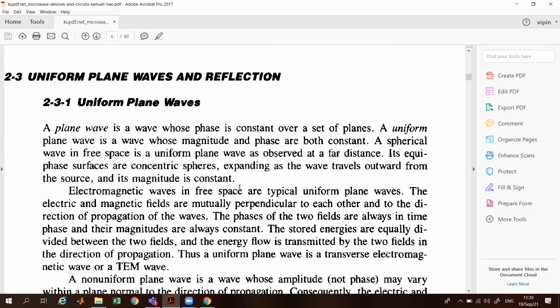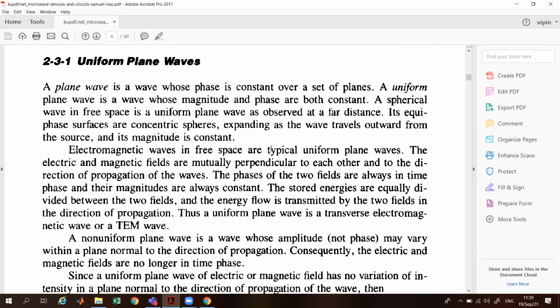Electromagnetic waves in free space are typical uniform plane waves. The electric and magnetic fields are mutually perpendicular to each other and to the direction of propagation. So basically, if we say EM waves, we have electric and magnetic waves.